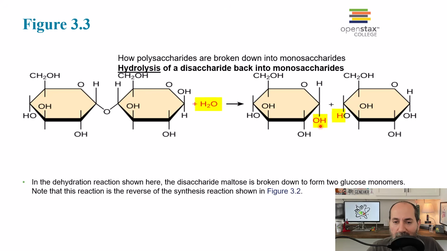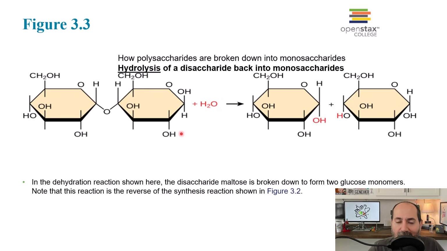And look, that water molecule is now part of these hydroxyl groups. One O and one H form the hydroxyl group on this glucose molecule, whereas water's other hydrogen now exists on the hydroxyl group of this glucose molecule.